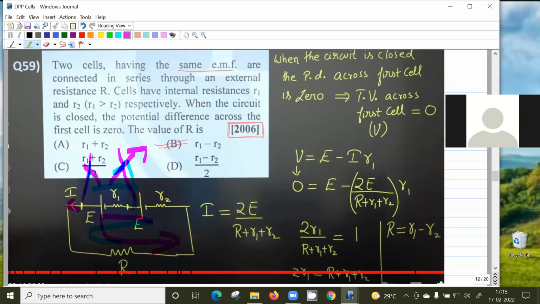Across this cell there is a voltage drop, and across R1 there is a voltage rise. So the net drop from this point to this point is the drop E minus the rise IR1. Is this clear?